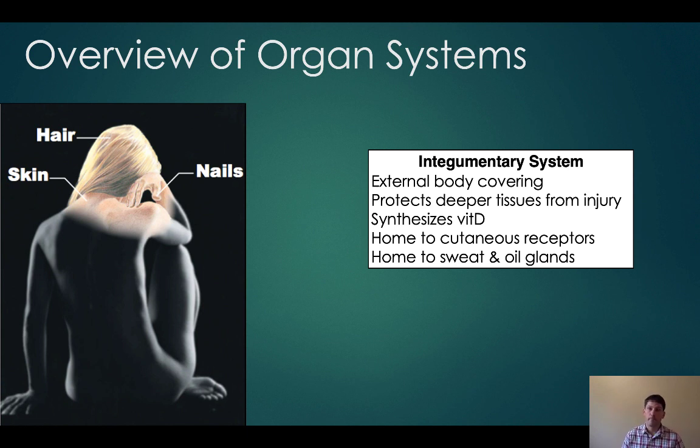All right, so the integumentary system, this is our skin. This covers our entire body. It's the largest organ of our bodies, okay? It protects us, it keeps pathogens out, and it keeps water and all of our fluids inside, and helps us synthesize vitamin D. We have lots of receptors in our skin, so we can feel light touch or deep touch.